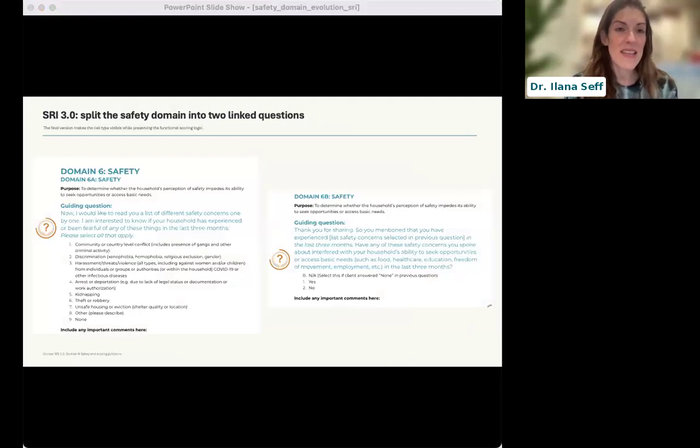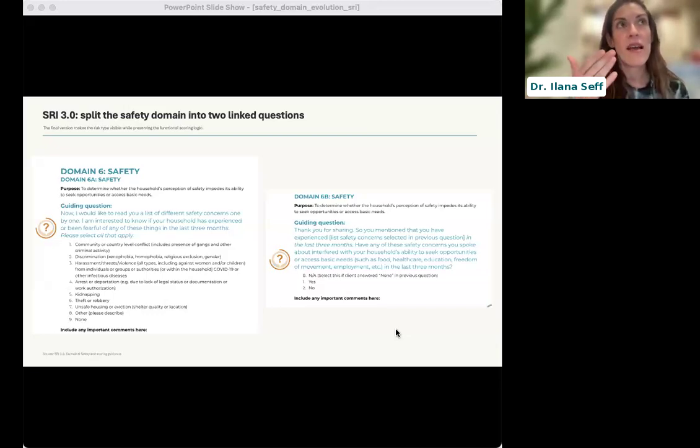So if you have been using the newer version of the tool, the SRI 3.0, then you have seen this domain. So there are 2 questions now. 6A says, now I would like to read you a list of different safety concerns one by one. I'm interested to know if your household has experienced or been fearful of any of these things in the last 3 months. And then the enumerator will read each option out loud. So that's critical.